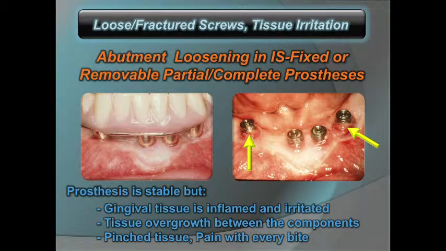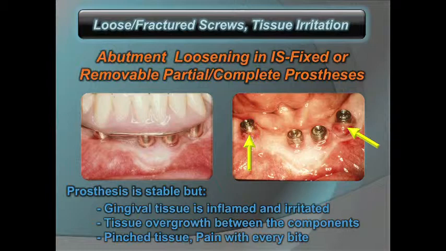The next one is related to the implant-supported full, complete, as we call it, complete fixed dental prosthesis. The patient comes to your office with some sort of irritation here.